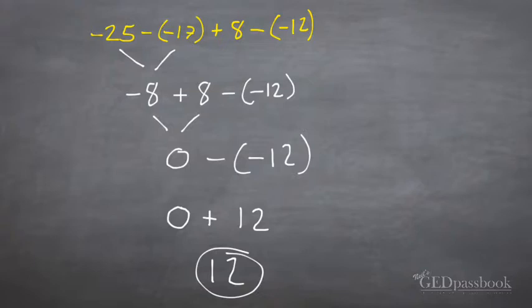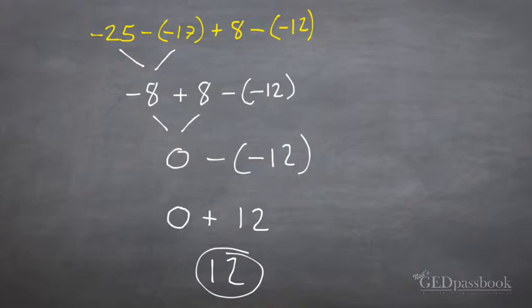So this is how you add or subtract multiple numbers with multiple different signs. Any questions on this one?